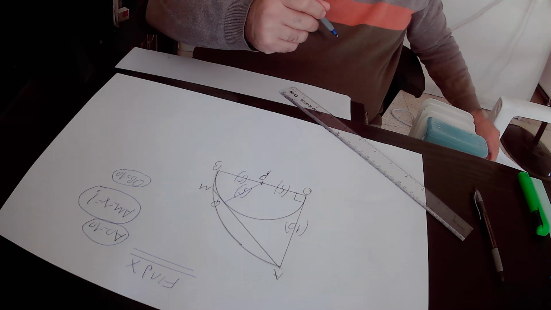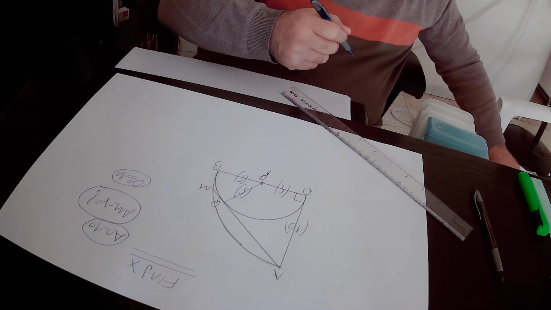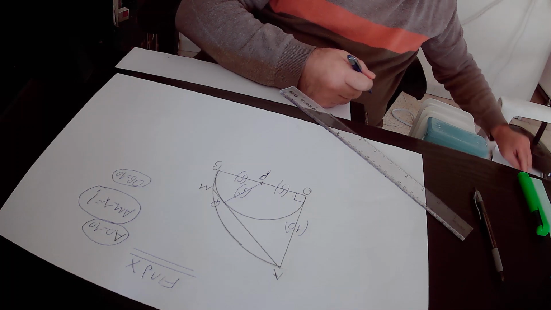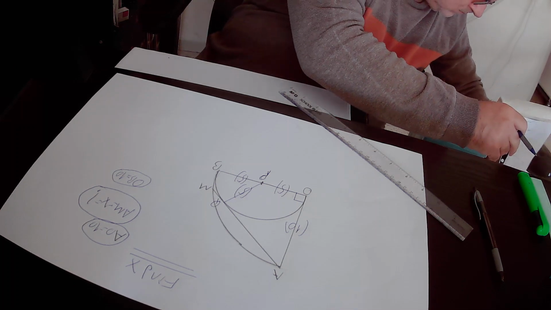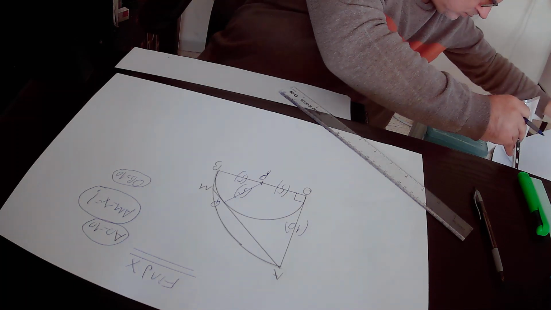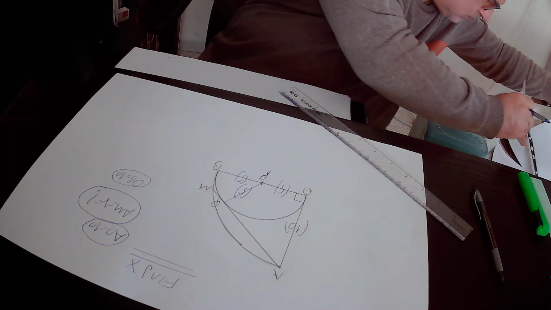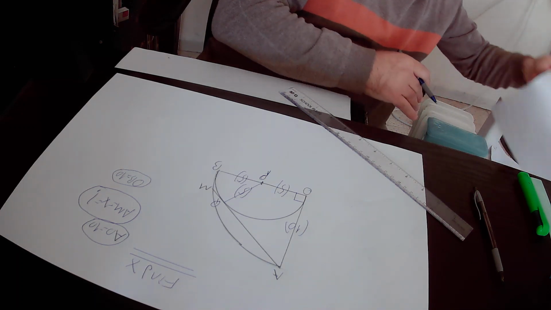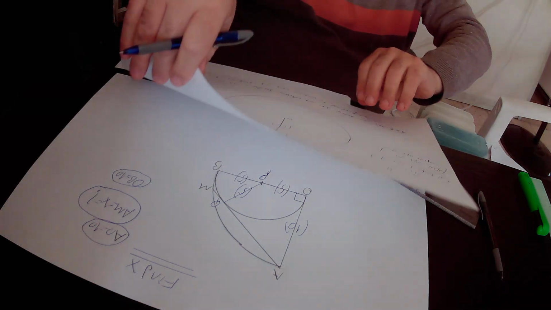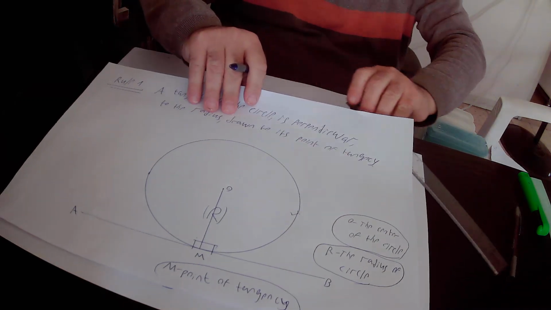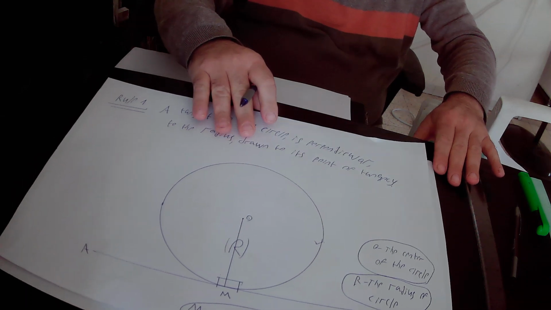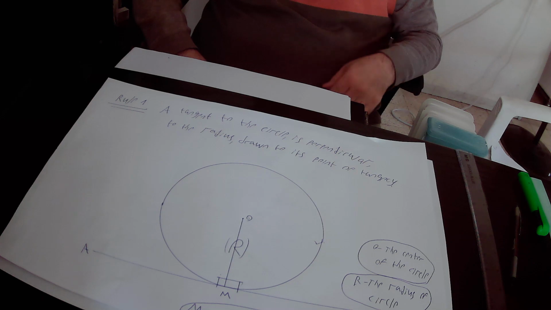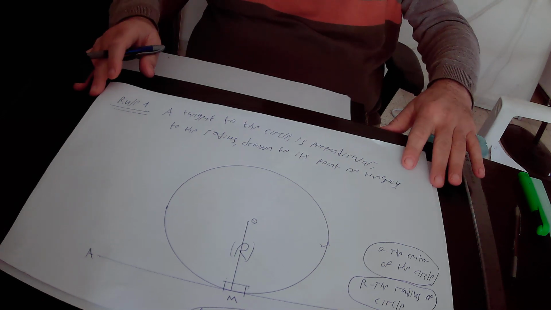And we have here rule number 1. According to rule number 1, the tangent to a circle is perpendicular to the radius drawn to its point of tangency.